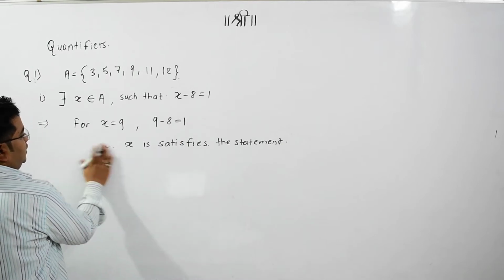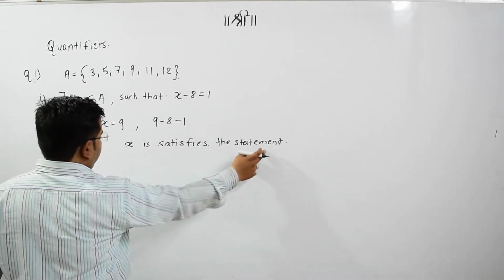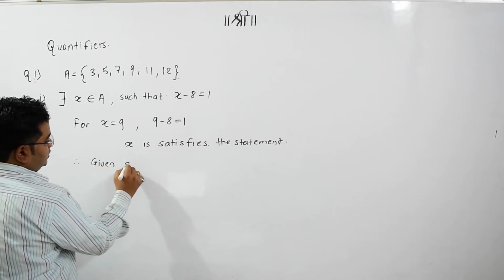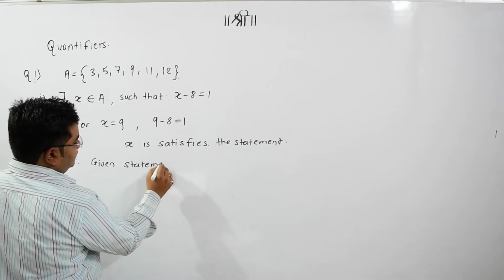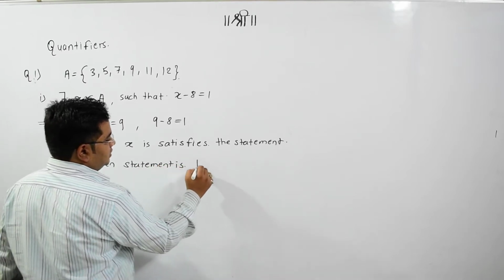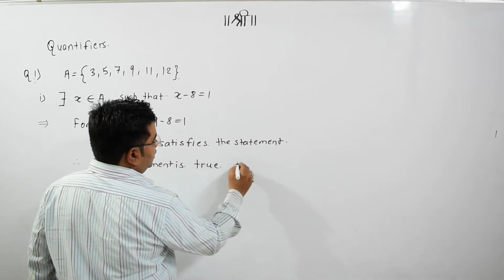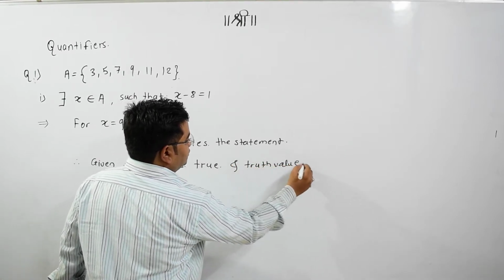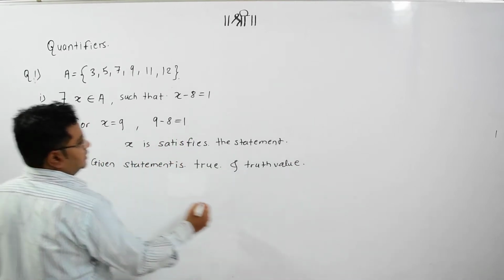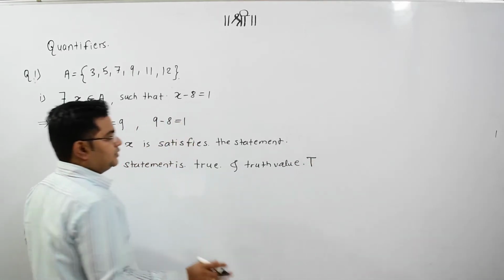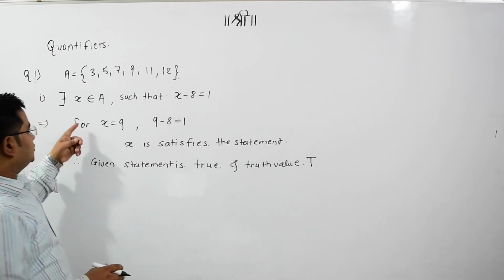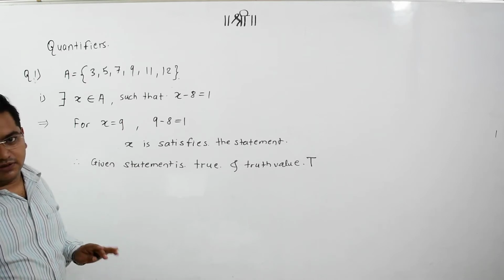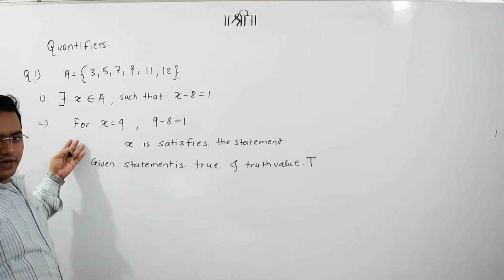So the x satisfies the statement, therefore the given statement is true and the truth value is T. That's what we need to write. That's it. Now the truth value of this statement is what? T, and that's how we can complete this question. Okay, hope you understood how exactly we are writing this.